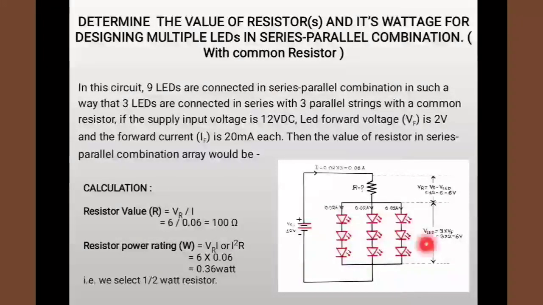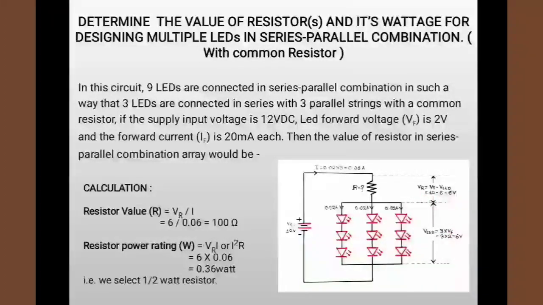So the total voltage drop across the string is 6 volt. As there are a total of 3 parallel strings, each string gets 0.02 ampere current. So for the total current in the circuit, we multiply 0.02 by 3, therefore 0.06 ampere. Now the voltage drop across the resistor is 12 minus 6 equals 6 volt.